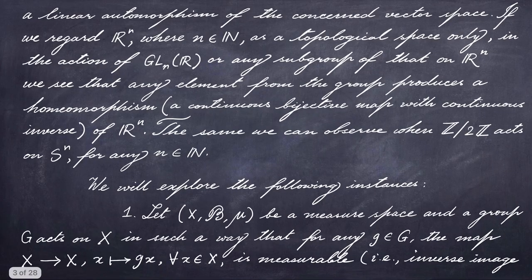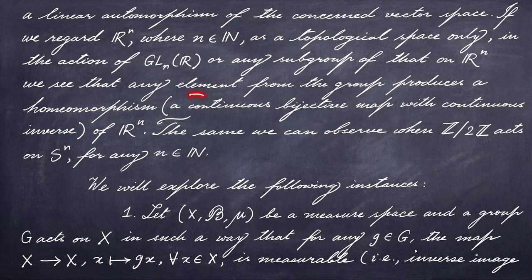Another example, if we just regard R^n as a topological space for now, then in the action of GL_n(R) or in the action of any subgroup of GL_n(R) on R^n, we see that every element from the group produces a homeomorphism. By a homeomorphism, I mean a continuous bijective map whose inverse is also continuous.